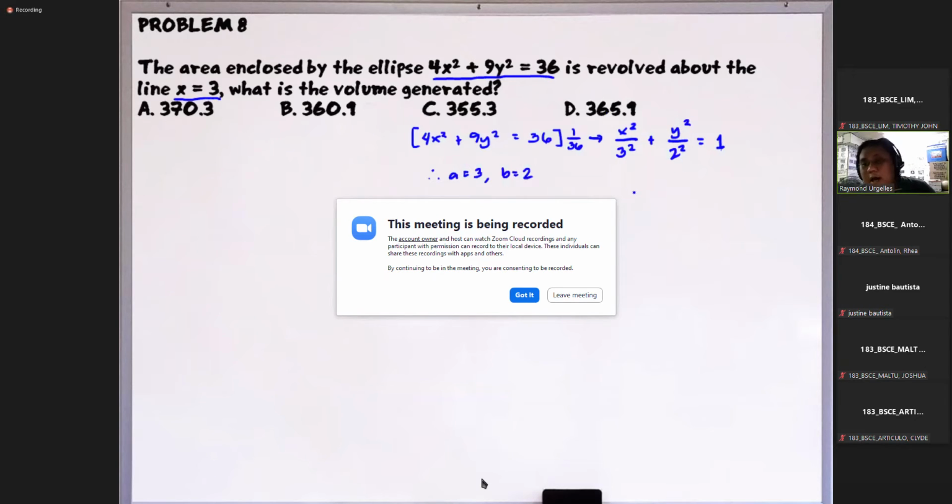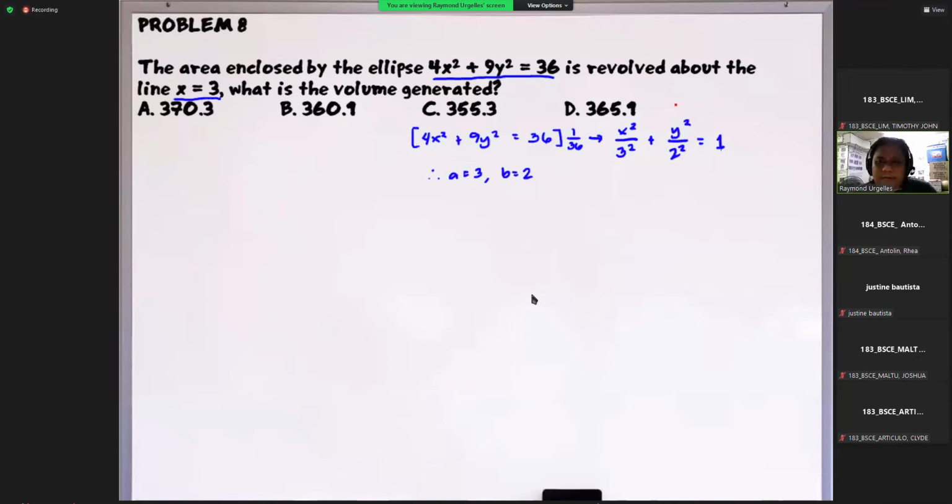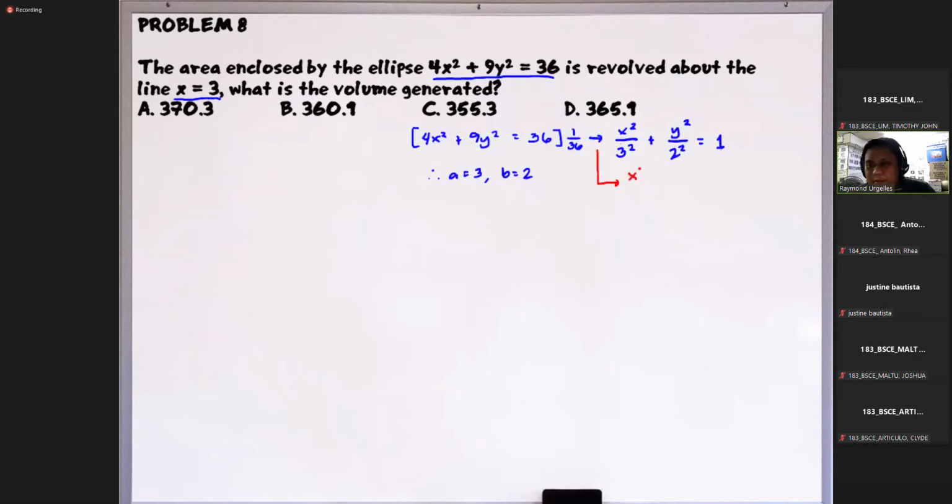So that is horizontal ellipse, di ba? So ganito yung orientation niya. So na parang nakahiga yung ellipse natin, di ba? Pag nasa ilalim ng Y yung A, so then that's a vertical ellipse, no? So although makikita naman natin siya sa figure natin later, no? So makikita natin yung form nito is x squared over a squared plus y squared over b squared is equal to 1, di ba?